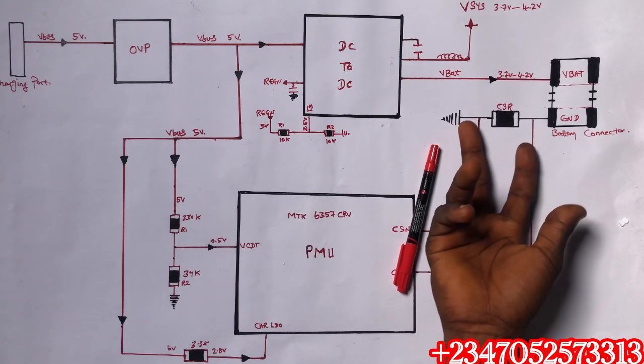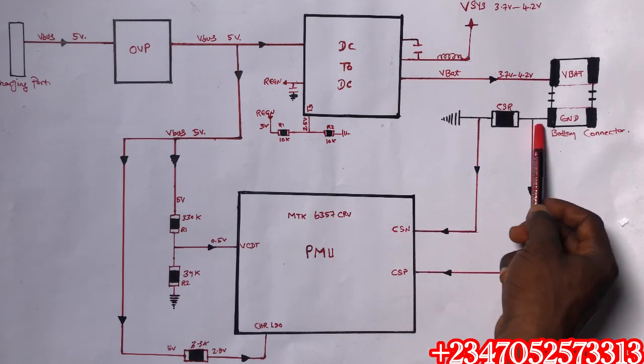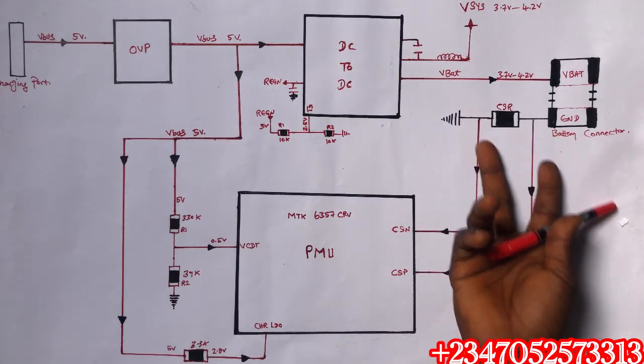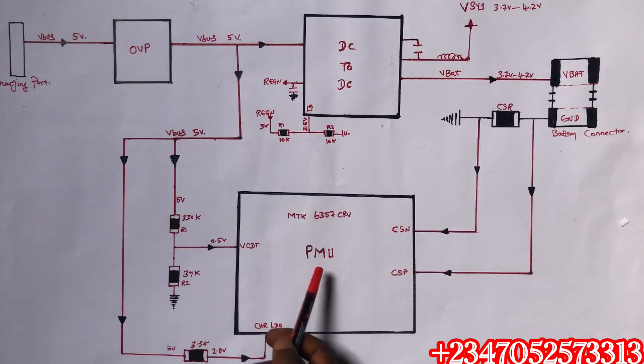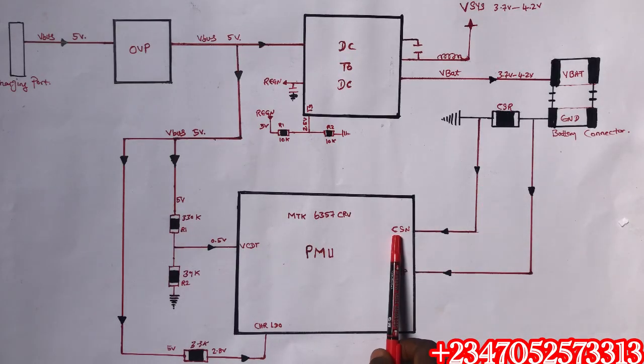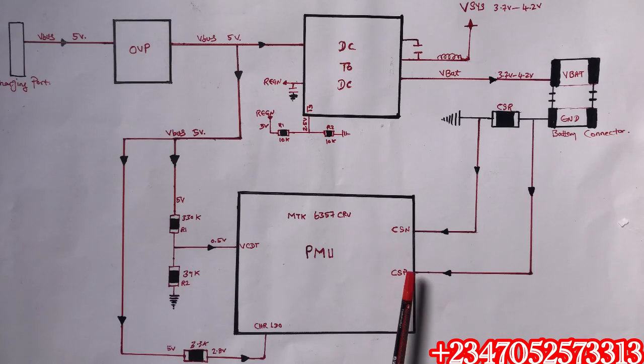It has two lines that come out of it, before the shunt resistor and after the shunt resistor, and they connect back into your power IC. The names of these lines are CSN and CSP. CSN stands for current sense negative, and CSP stands for current sense positive.